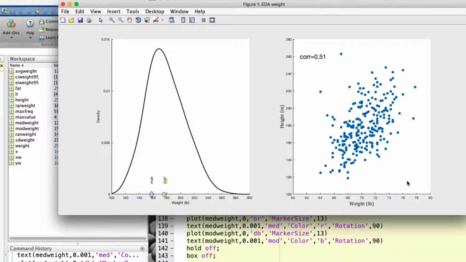And there we go. So we have the scatter plot with weight and height, and we can calculate the correlation. So this is a measure of the linear association between these two variables. You will discuss that later on.